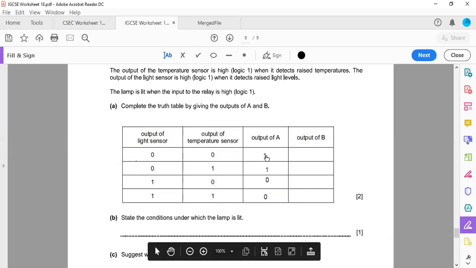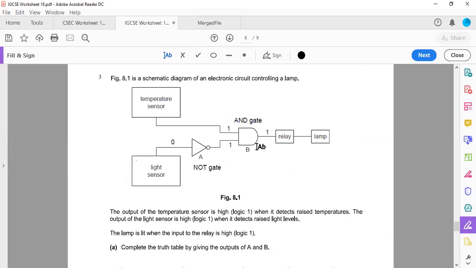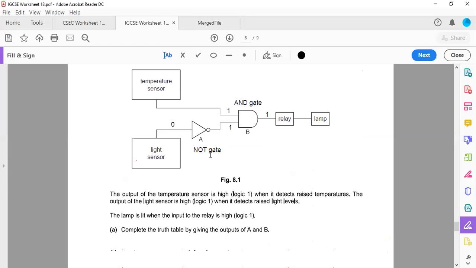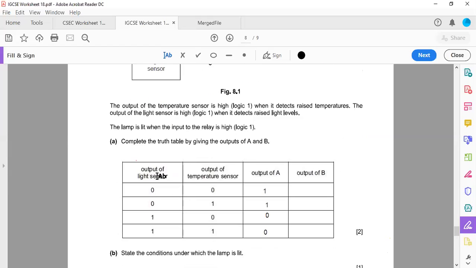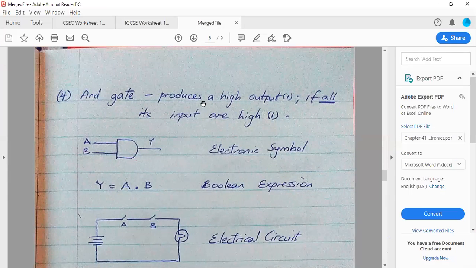Your output B. Where does B come from? B comes from after your gate, which is here, which is a combination of output A and your temperature sensor. So that's between this column here and this column here, these two columns. And your output is an AND gate. In your AND gate, let me go back, it produces a high output if all the inputs are high.